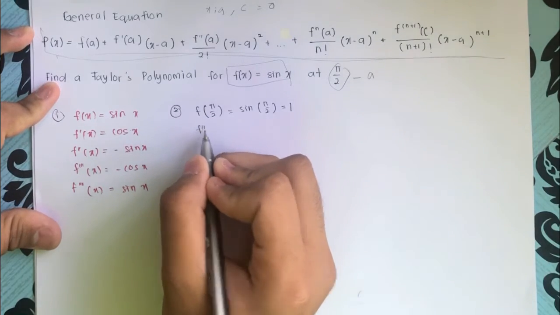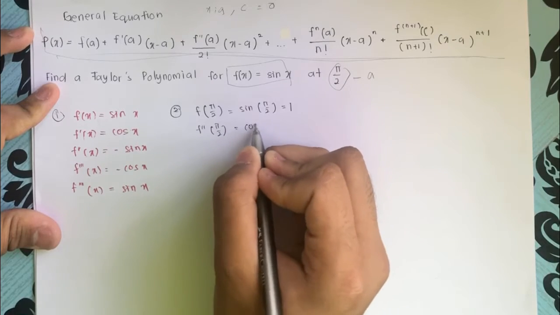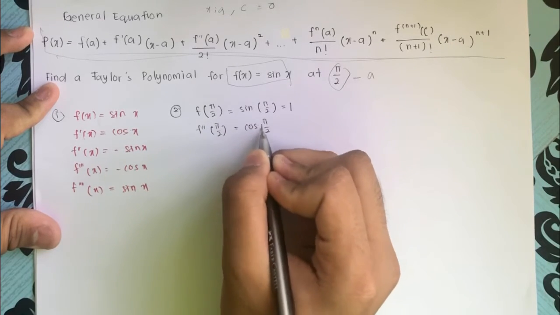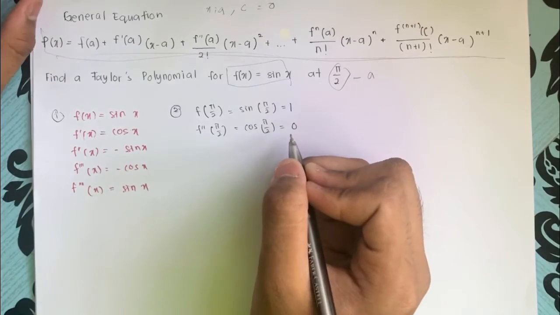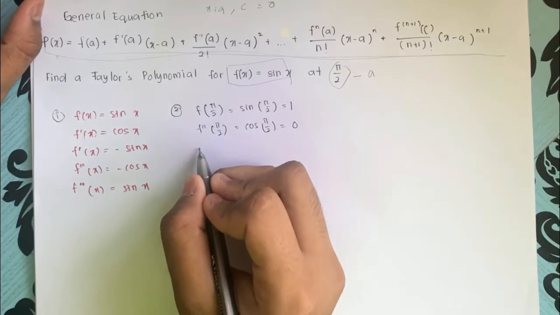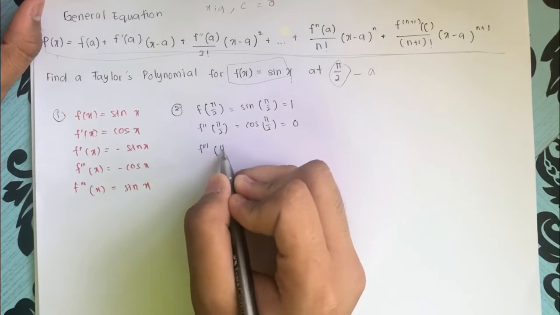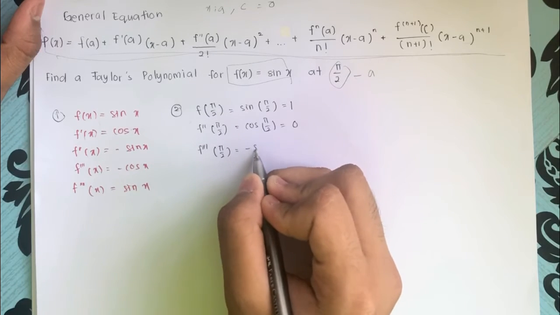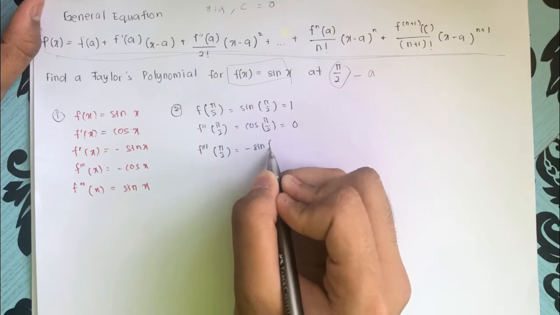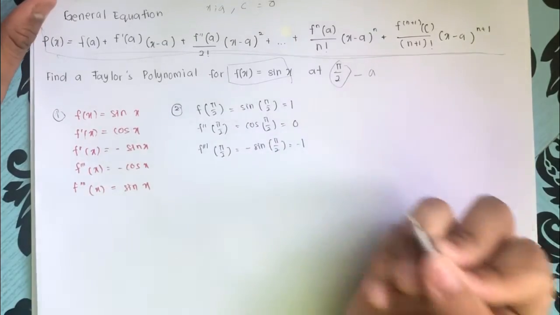Okay, for the first derivative, cos pi over 2, we will get 0. For the second derivative, minus sine x, which is minus sine pi over 2, we'll get negative 1.